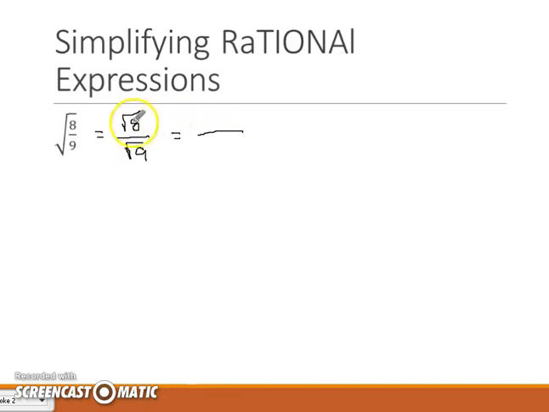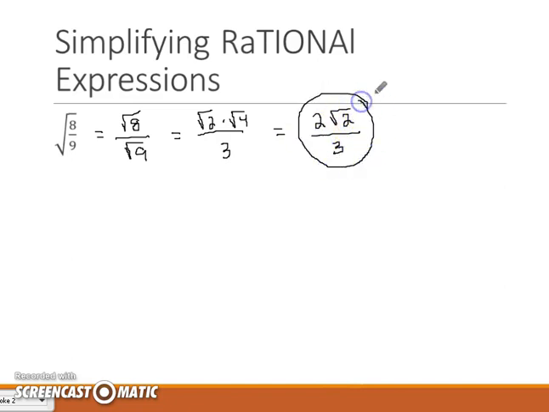In our numerator, 8 breaks down to perfect squares by multiplying the square root of 2 times the square root of 4. And the square root of 9 simplifies to 3. One more step, the square root of 4 is a perfect square. It's 2. So we're left with 2 square root of 2 on the top, all over 3, and that would be our answer.